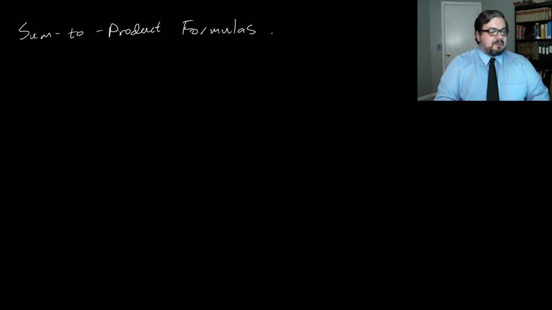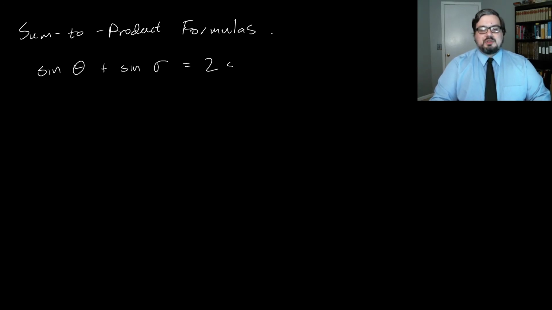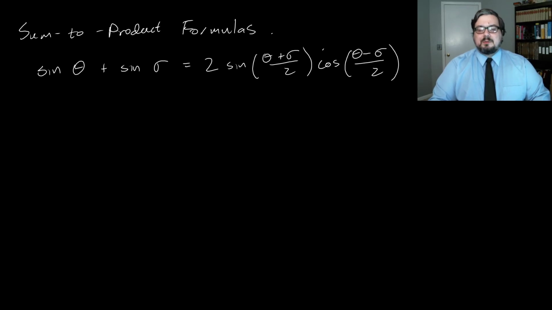So we have that sine of theta plus sine of sigma, as we just saw, gives us 2 times sine of theta plus sigma over 2 times cosine of, so it actually turns out that it doesn't matter what order you subtract them in here on the cosines, because cosine is an even function.